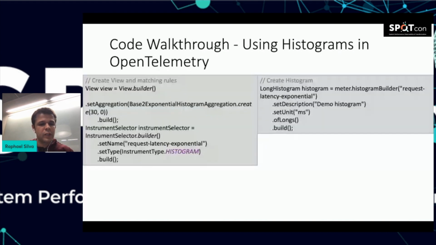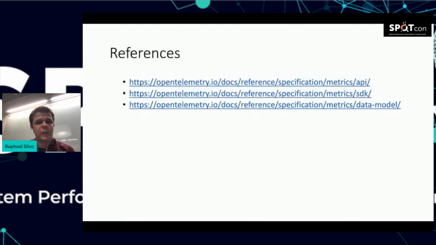So again, we just create a view, and we set the type of aggregation to base 2 exponential histogram, and we define the number of buckets and the resolution that this histogram will have. Unfortunately, this feature is only experimental in Prometheus, and I couldn't get it in time for this presentation.